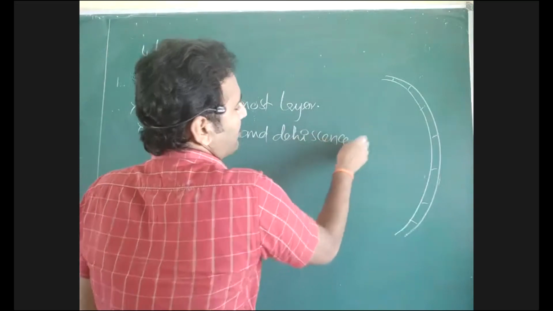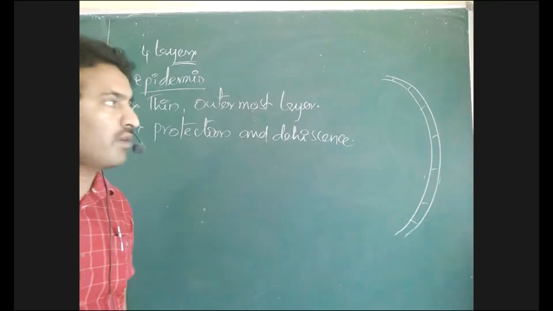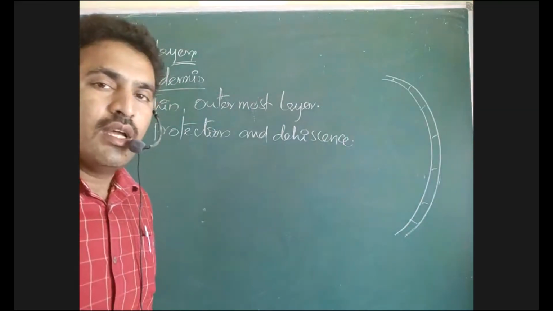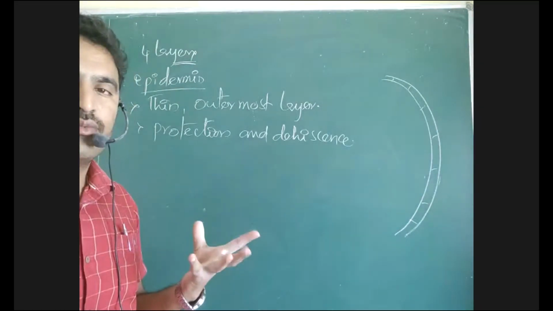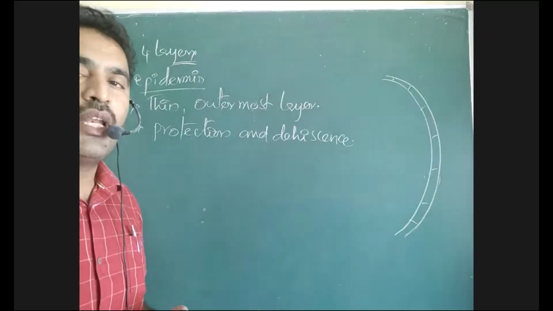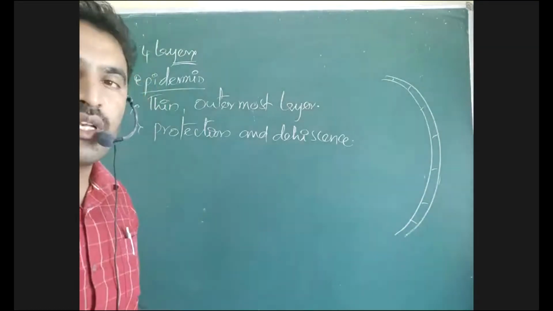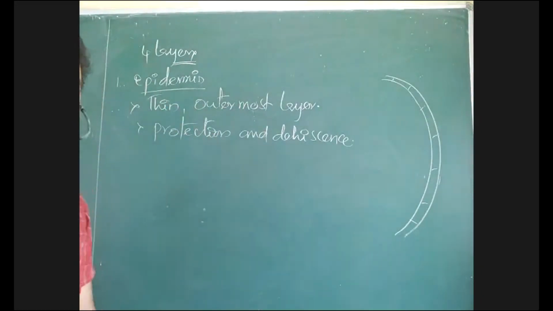What is dehiscence? Dehiscence means once the anther matures and there is formation of pollen grains, that anther will burst out. Bursting out and release of pollen grains into the atmosphere or environment is called dehiscence. Dehiscence is carried out by the epidermis.